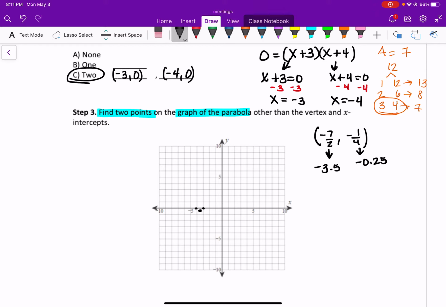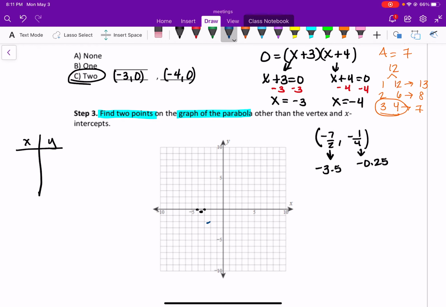And now I need to pick out 2 additional points. And again, I'm going to be smart about this, and I'm going to choose them equal distance. So I can't use negative 3 and negative 4 since I've already got those values, but I could come here and do negative 2 and then negative 5. Those are on equal distance from my vertex here.